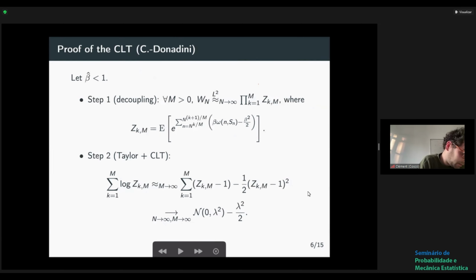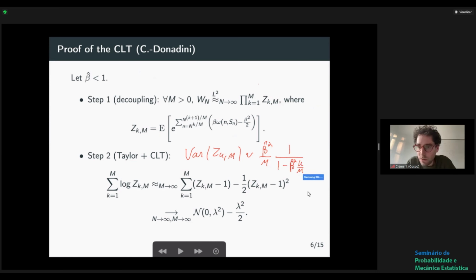So the variance of the Z_k^M is in fact beta hat squared over M times 1 over 1 minus beta hat squared k over M. So you see with Taylor, with a Riemann sum, this will actually converge if you sum over k.